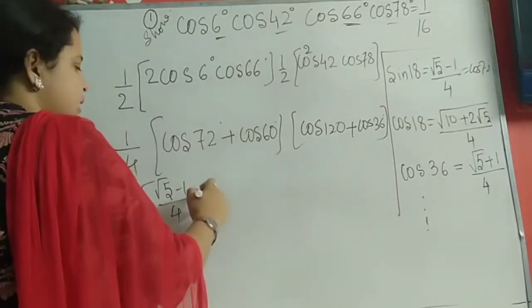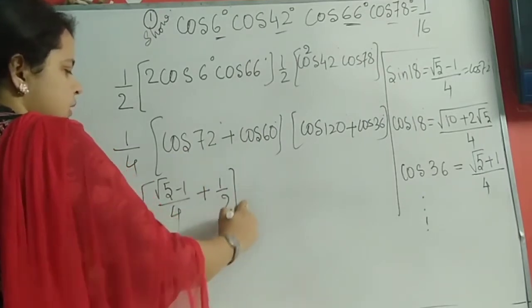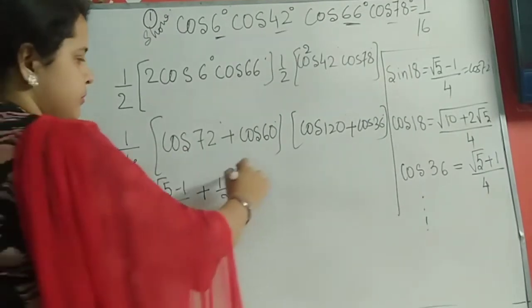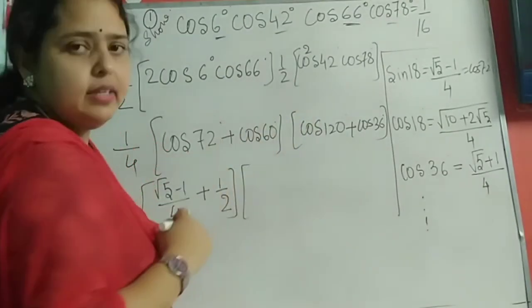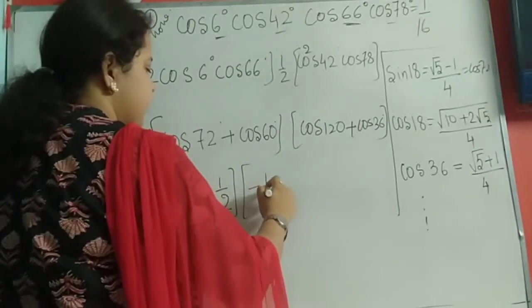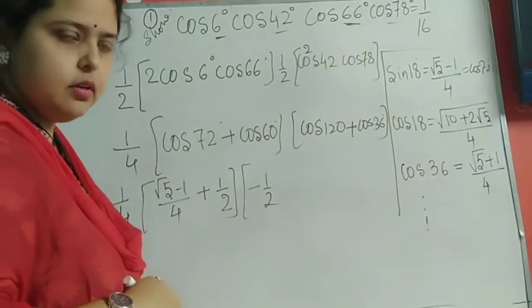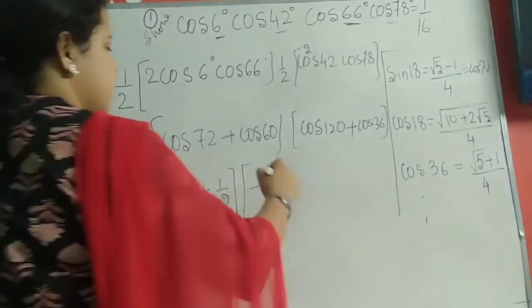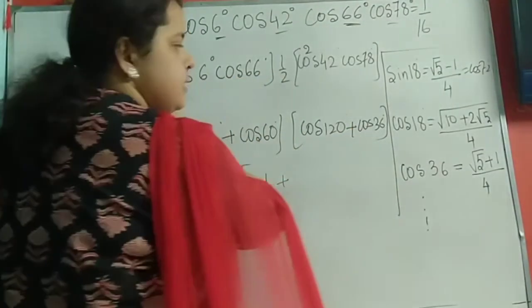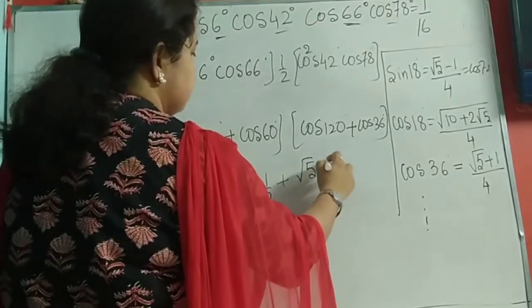Cos 60 degree, that is half. 120 degree in second quadrant, that is minus half, cos 2 pi by 3. Cos 36 degree, root 5 plus 1 by 4, just now found.